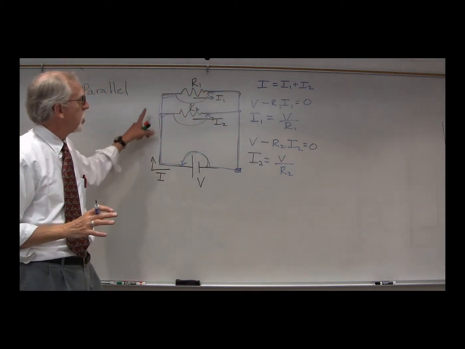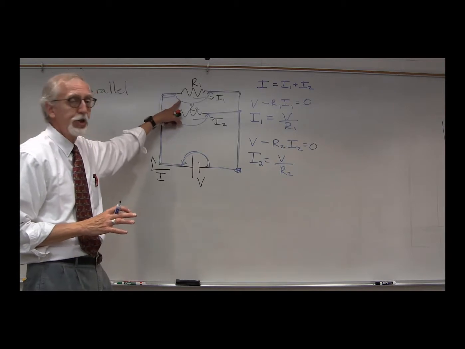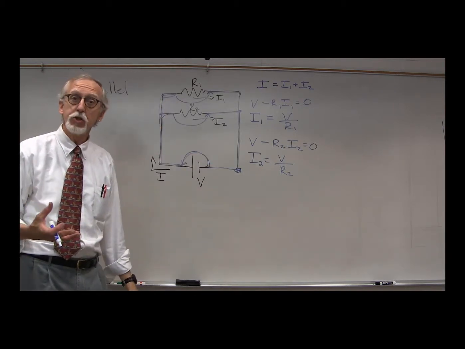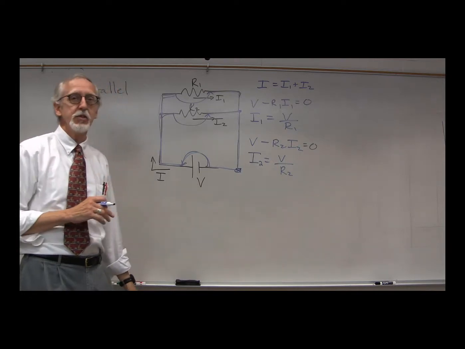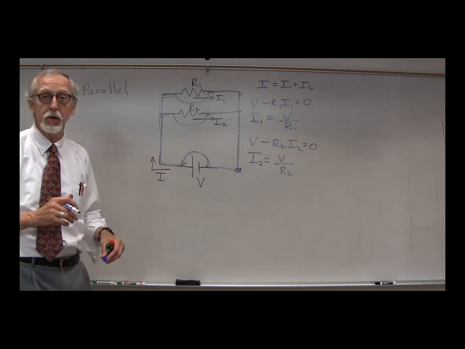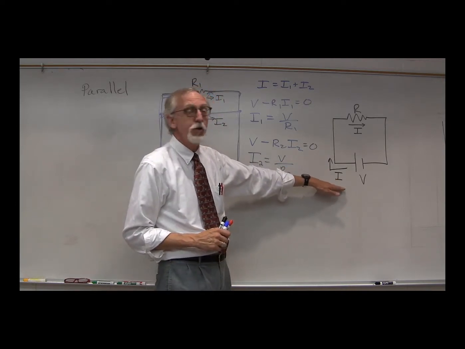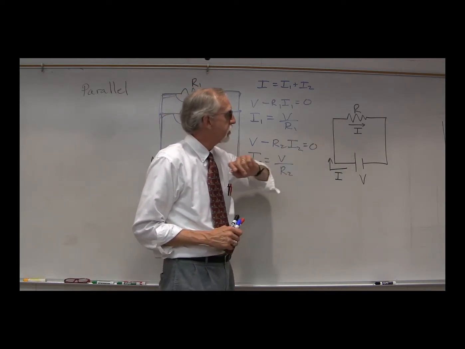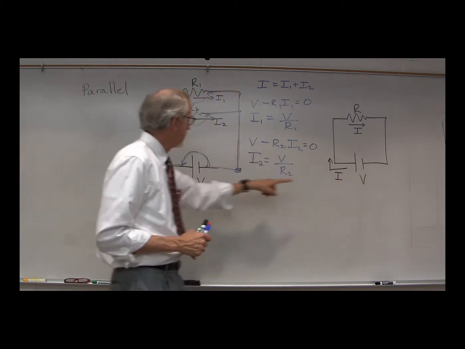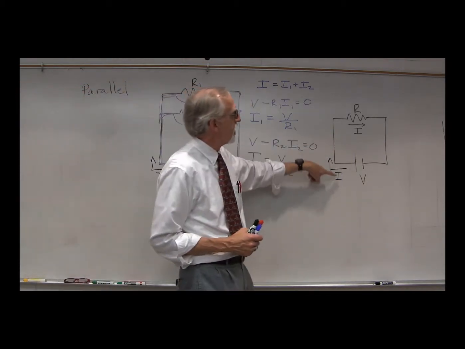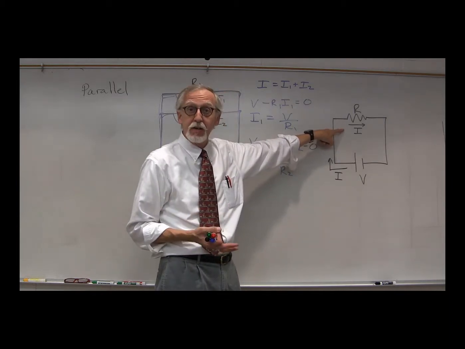Now, again, what we want to do is try to replace these two resistors with a single resistor. So let's draw that new circuit with a single resistor in place of the two in parallel. Okay, so here is the new circuit with only a single resistor, with the same voltage and the same current coming out of the battery. But now we've only got one current in the entire circuit.